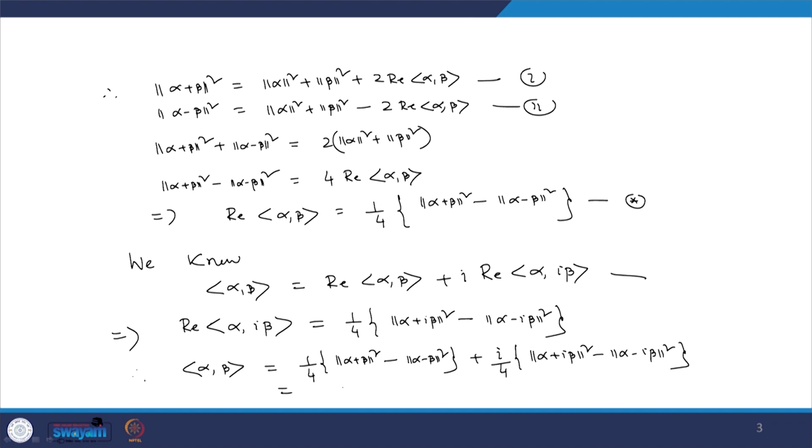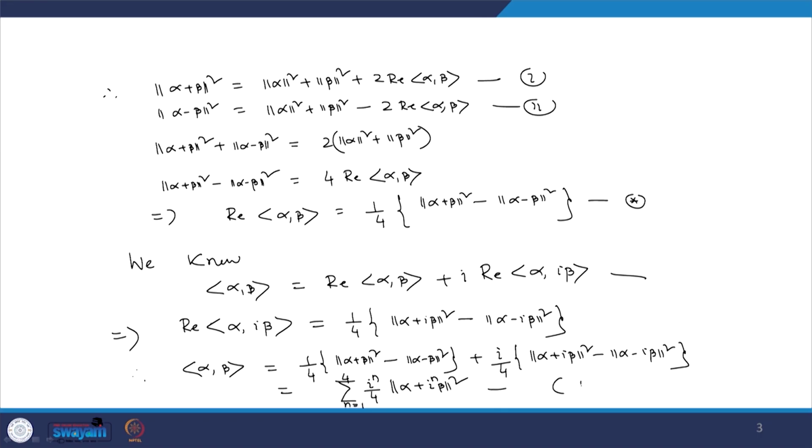And this can be written in a compact form as a sum over n equal to 1 to 4. One can write i to the power n by 4 times the norm of alpha plus i to the power n times beta whole square.